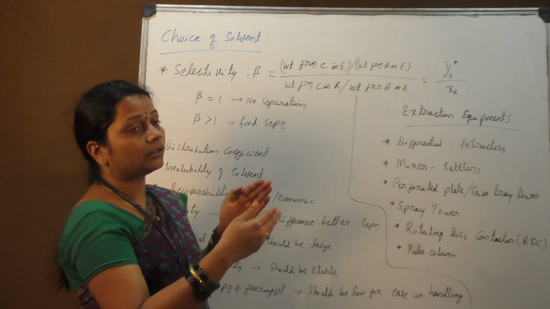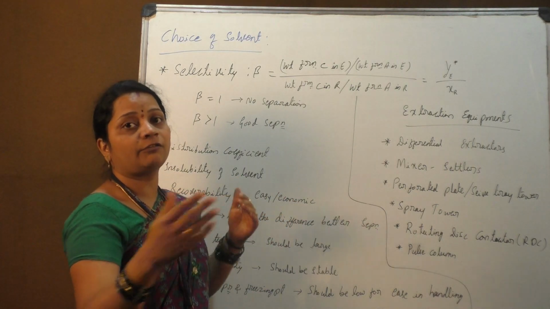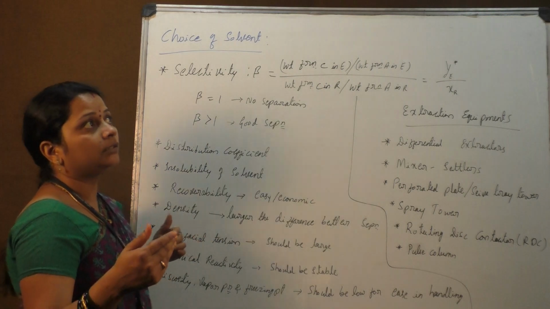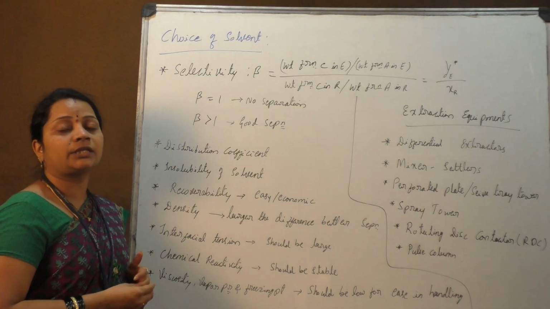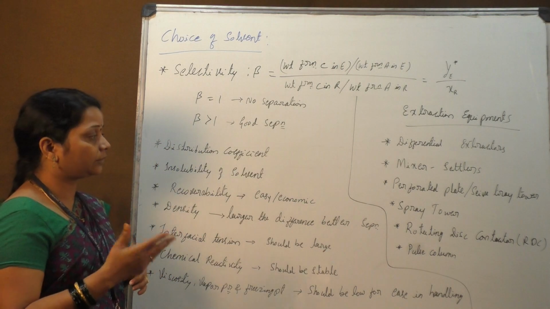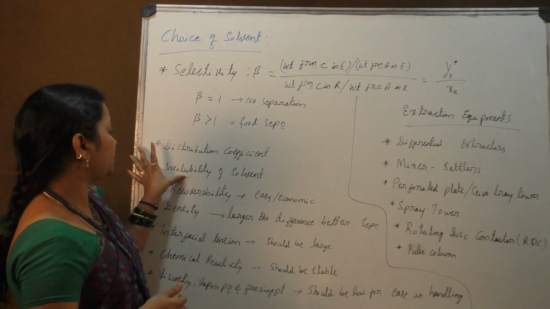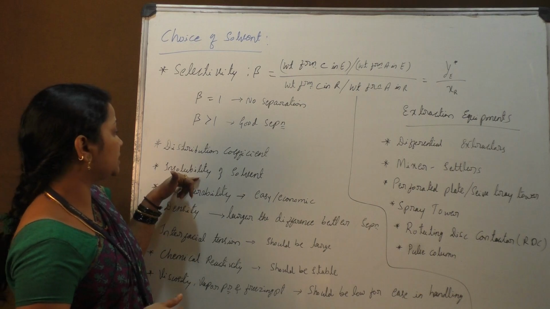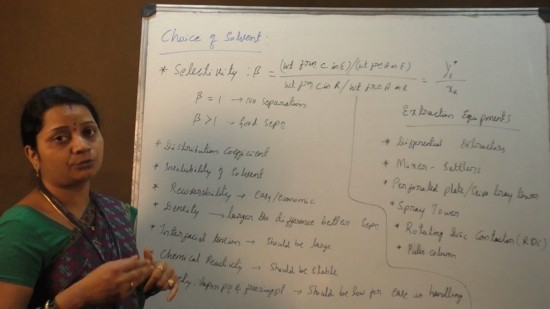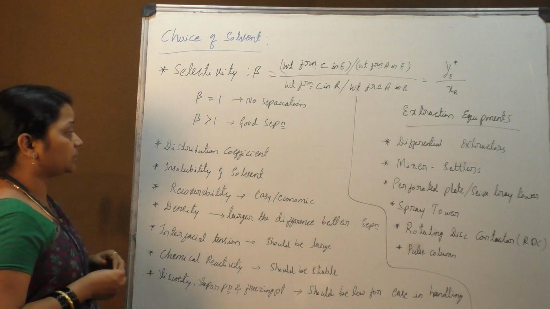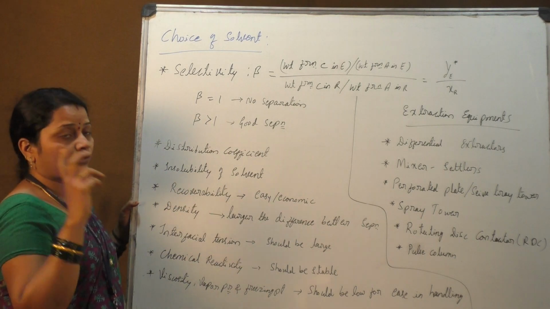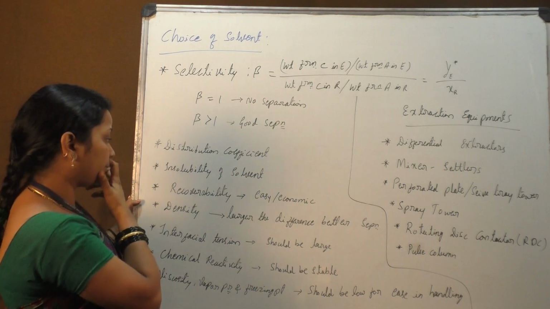If it is more soluble, it is very difficult to separate, and the further separation cost will increase the cost of installation or operation. We don't want that in a process industry. That is the reason the insolubility of a solvent should be very high in such cases, and it is with respect to the solvent, not with respect to the solute. You have to keep that in mind.